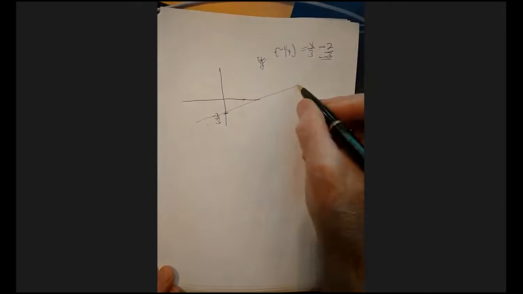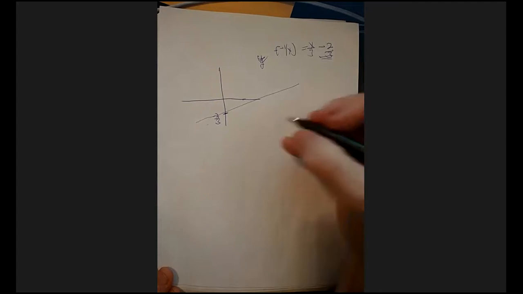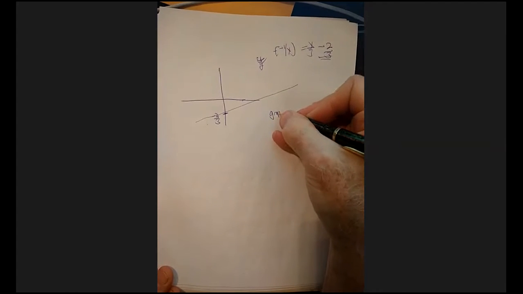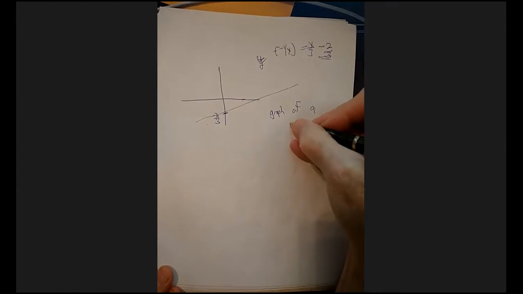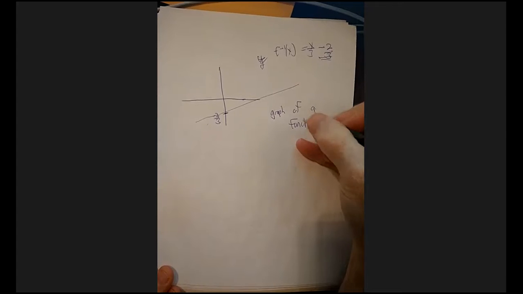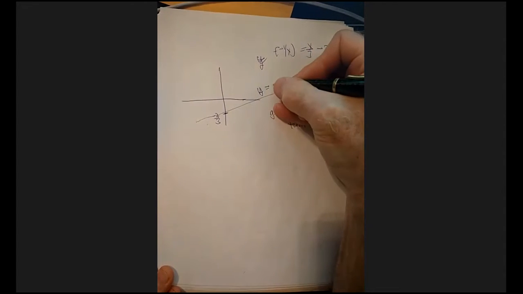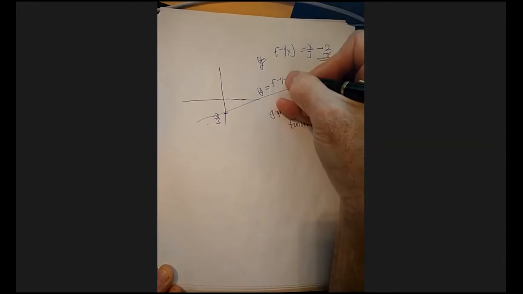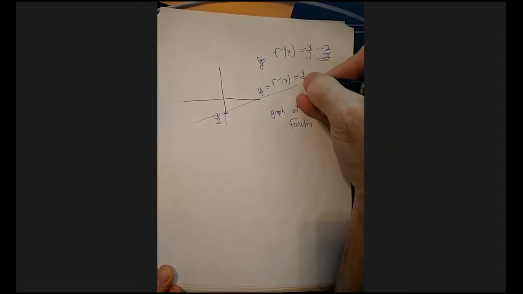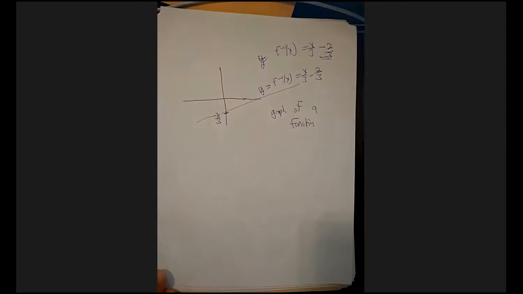So something like that. If you look at that graph, that's a graph of a function. This is the graph of f inverse, and that's x over 3 minus 2/3. So that's a function.